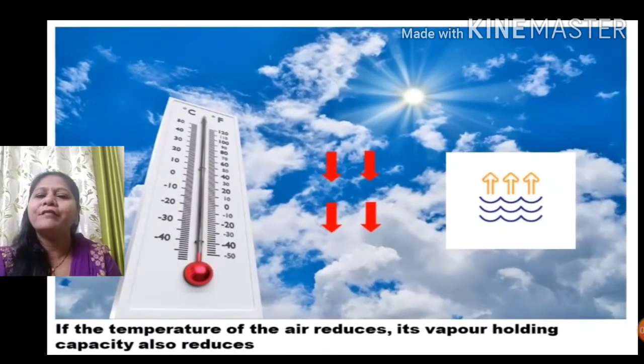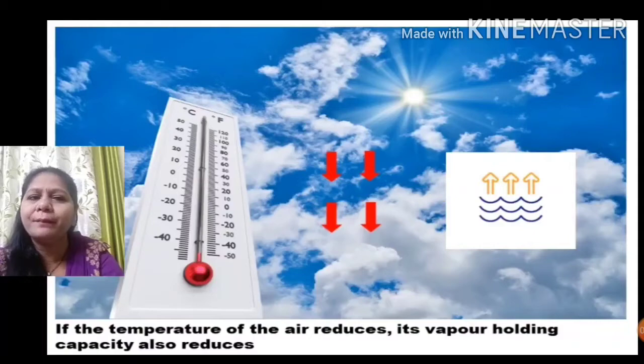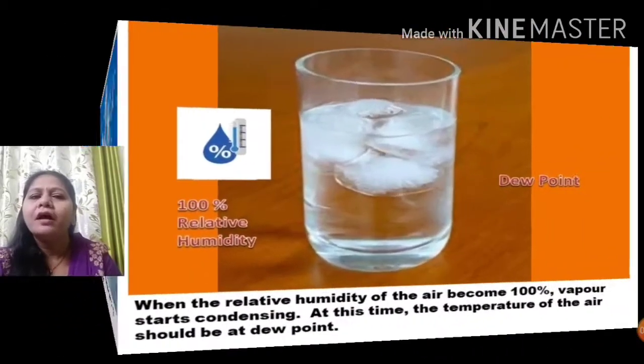Got it? Now, if the temperature of the air reduces, its vapor holding capacity also reduces. When we learned about humidity, I told you this point. If temperature is less, then its vapor holding capacity also reduces.